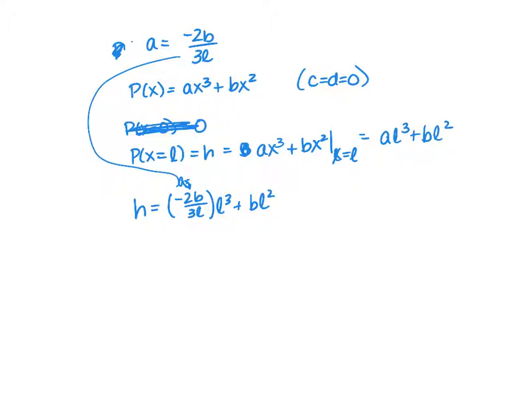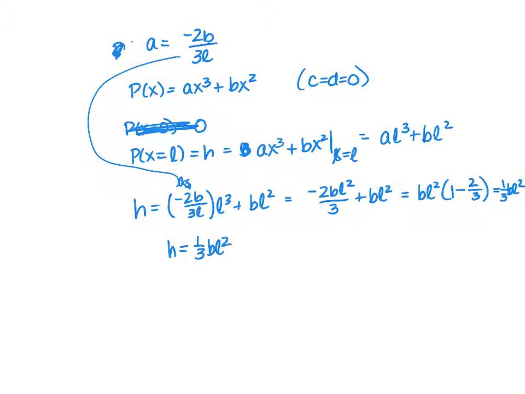And what that's going to do, I can combine that: minus 2bL squared over 3 plus bL squared is equal to bL squared times 1 minus 2/3, which is 1/3 bL squared. So h is equal to 1/3 bL squared.